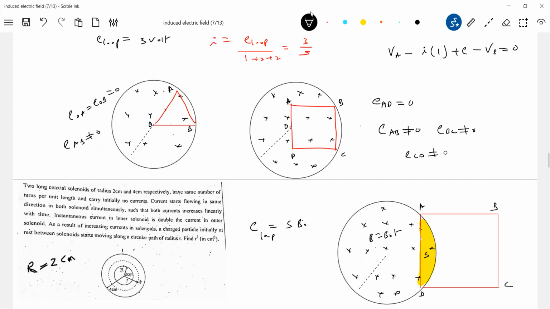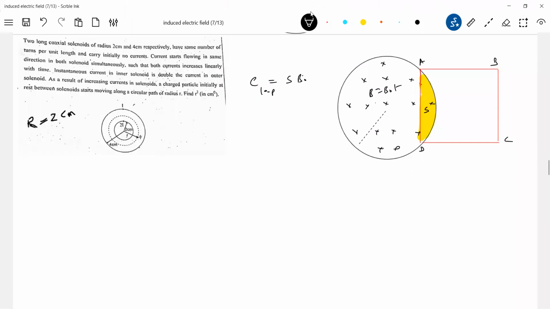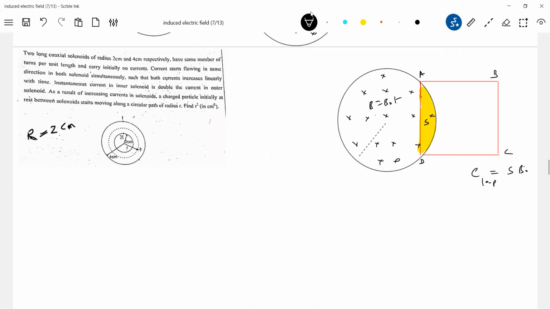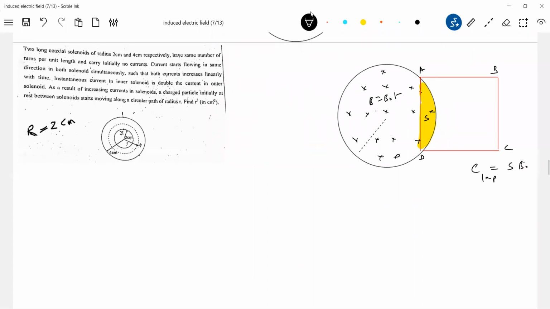Let's take some other different problem here now. Read the question. Two long coaxial solenoids of radius 2 and 4 centimeter respectively have same number of turns per unit length and carry initially no current.